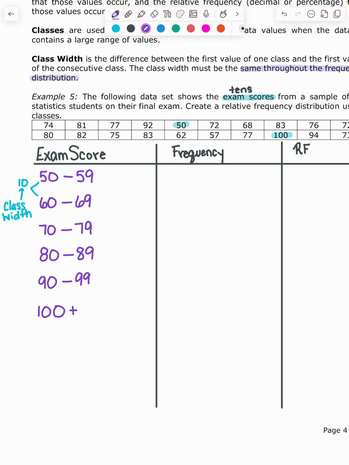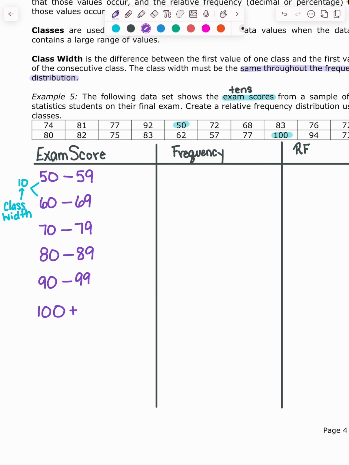And this just captures anyone who has a score of 100 or higher. In this case, that's great because that's anyone who got all of the points or any of the bonus points on this particular exam. I don't know if there were bonus points on their exam. Nobody scored over 100.